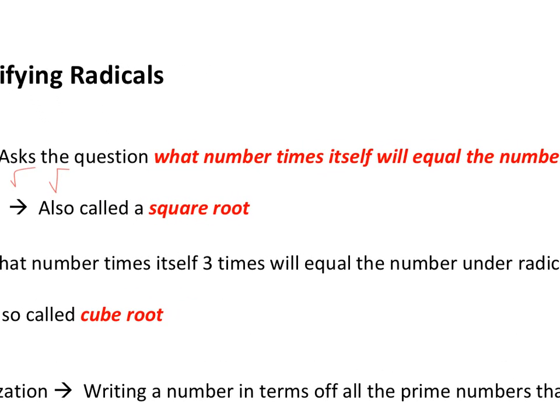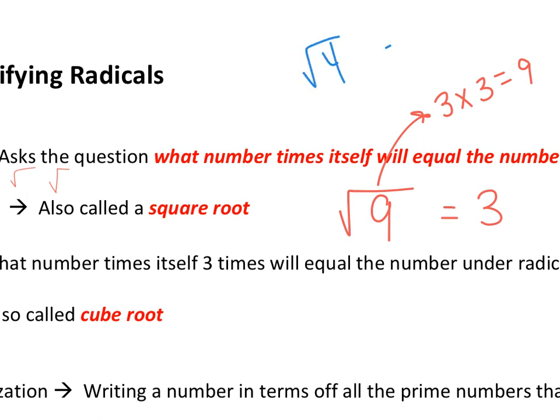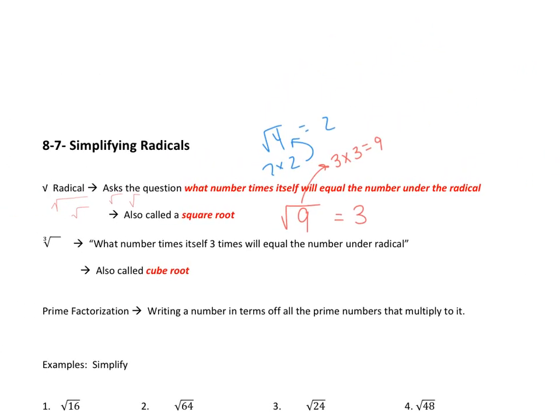So for instance, if I had the number 9, and I type that into my calculator, I would get 3, because 3 times 3 is 9. If I had radical 4, I would get 2, because 2 times 2 is 4. So that's going to be some of the things we're looking at today.